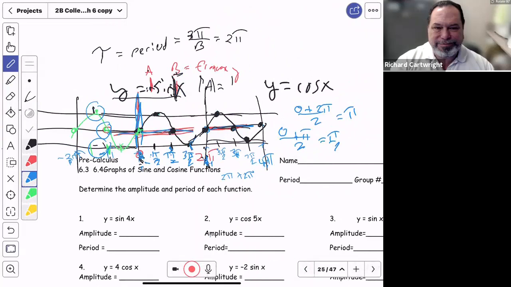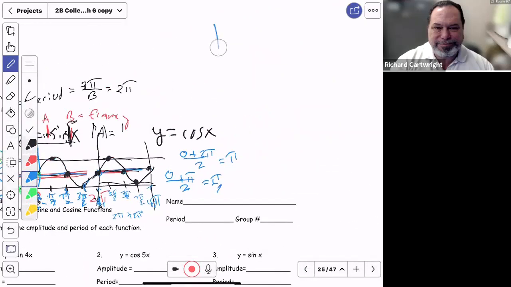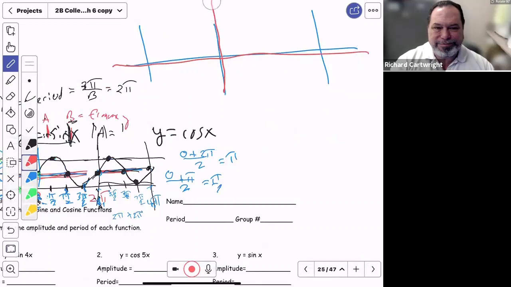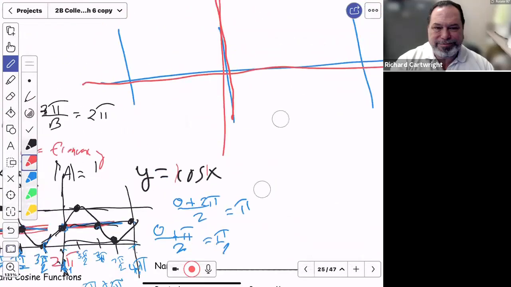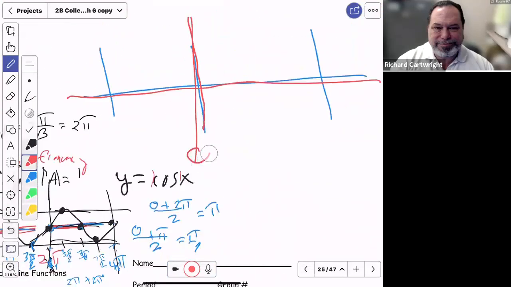That's today's lesson. Cosine, on the other hand, I'm going to do two periods, one this way and one this way. So again, this is my x-axis. This will be my y-axis. And since cosine has a 1, it's just a normal cosine starting at 0, ending in 2 pi, or starting at negative 2 pi, ending at 0.